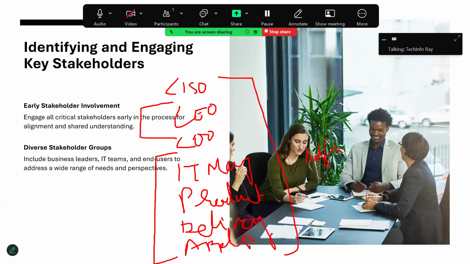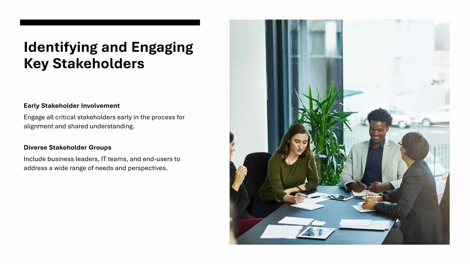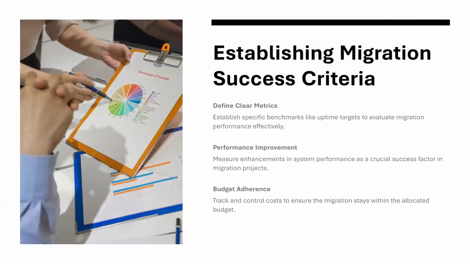I need to take care of security, so keep the CISO in control and informed about the things, and you can gather more and more information from them, and they can support this migration. I explained this in the previous video. Then establishing migration criteria: how I am going to improve things, the clear metrics, how much percentage things will be improved, and the budget that is allocated by the business people. All those things you have to take care of.